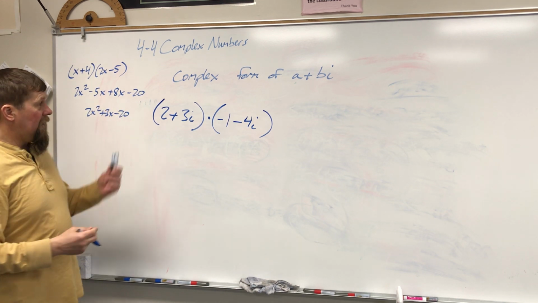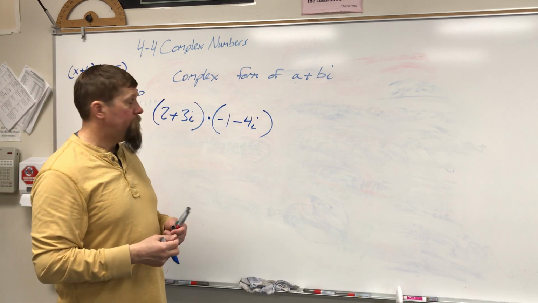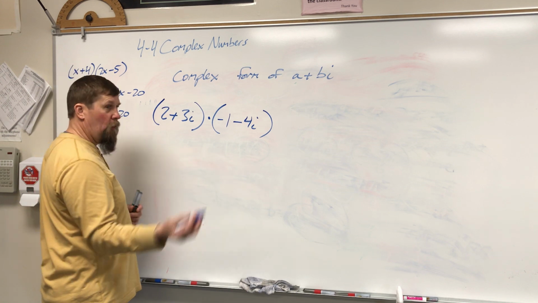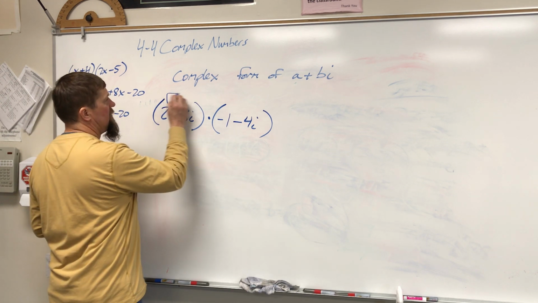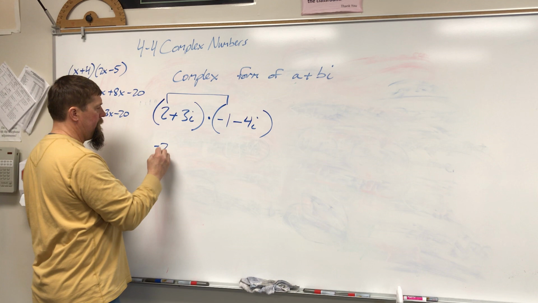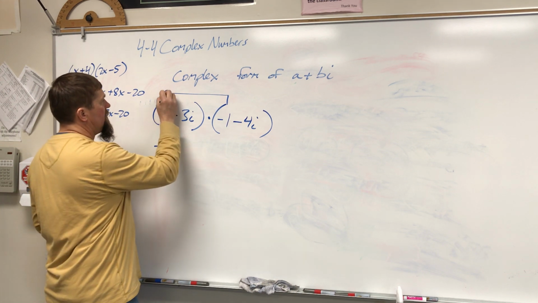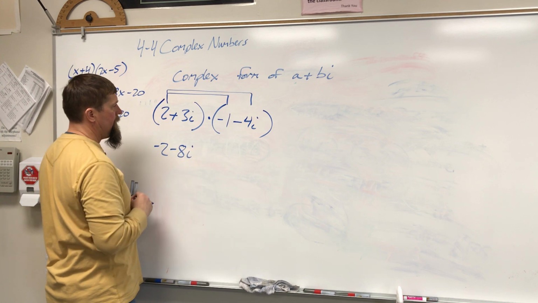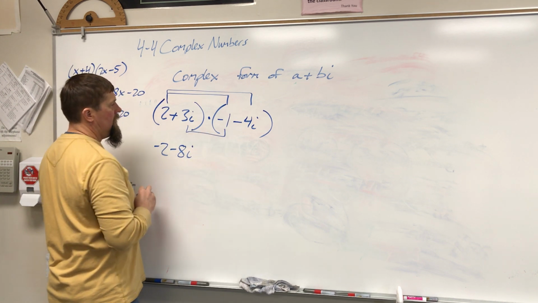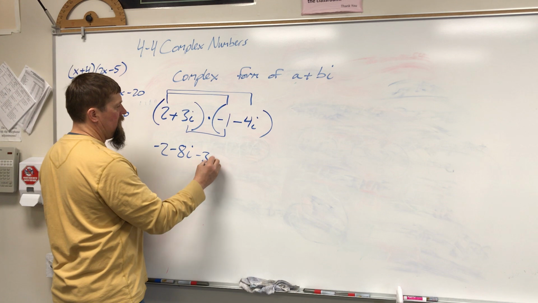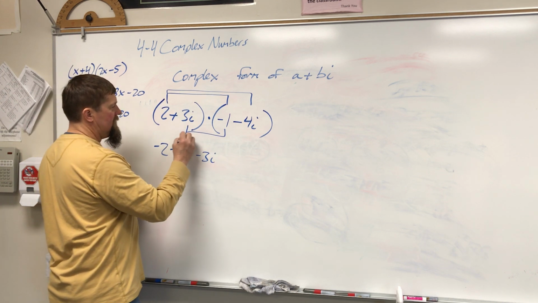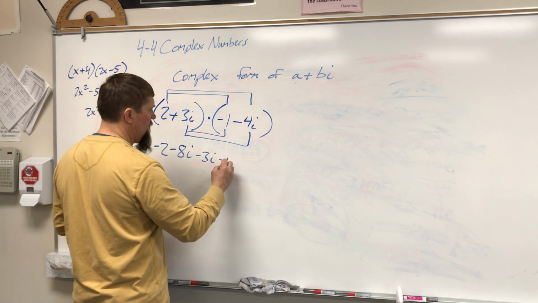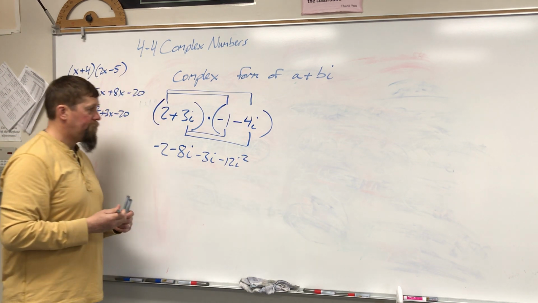Now, in complex numbers, it's very similar. You multiply two complex numbers, you FOIL it, basically. You're going to take the 2 times -1. You're going to take the 2 times -4i, which is -8i. 3i times -1 is -3i. And then the last one is 3i times -4i, which is -12i squared.